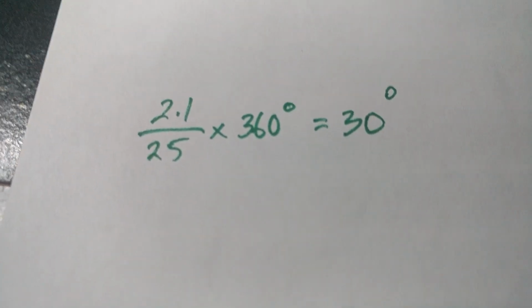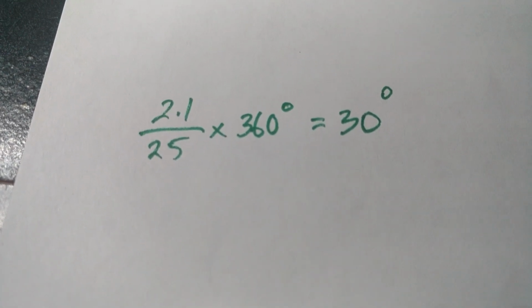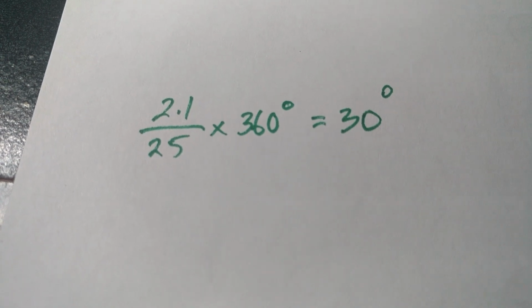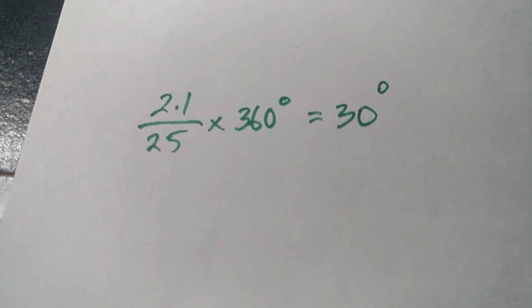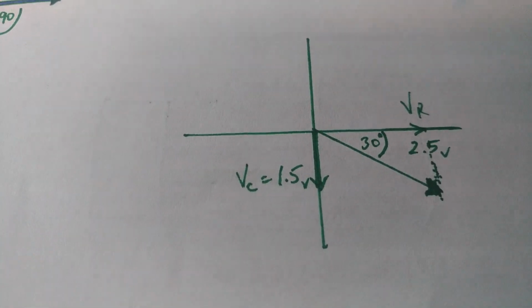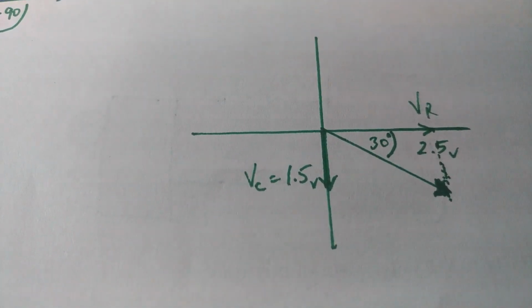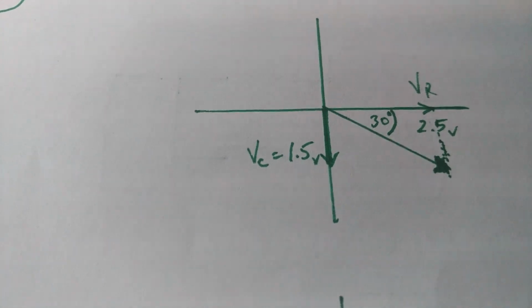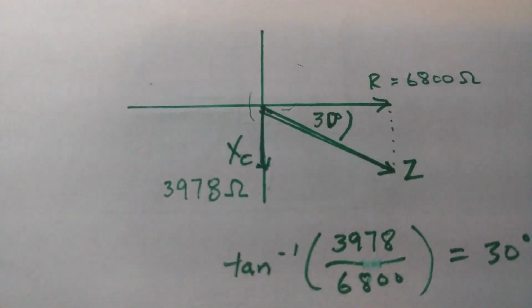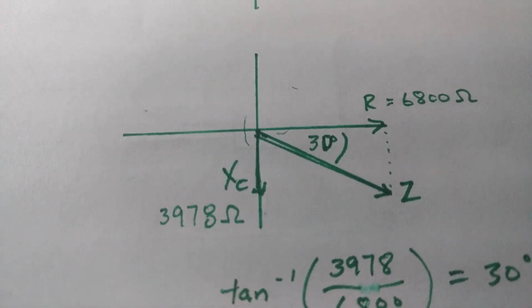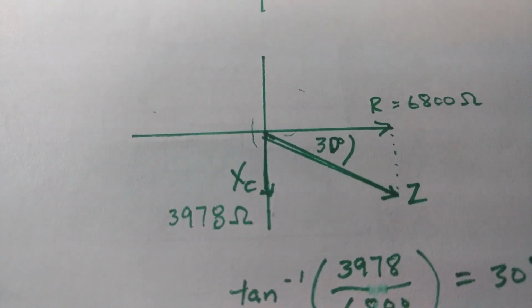If we do the math, 2.1 divisions divided by 25 divisions times 360 degrees gives us 30 degrees. Lo and behold, the 30 degrees between the voltage vectors matches what we did earlier with the vectors for the reactances.